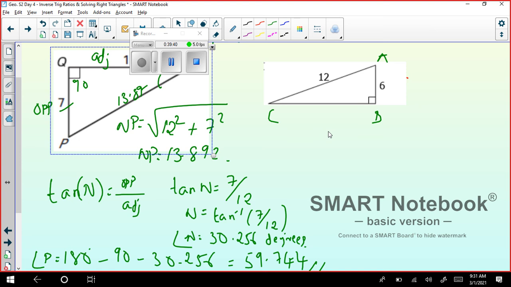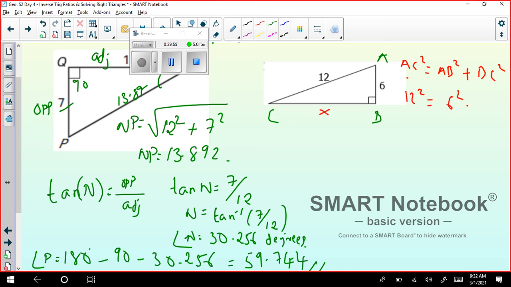So once again I have here AC square equals AB square plus BC square. Let me call this value X. I substituted this formula. AC was 12, so 12 square equals 6 square plus X square. Subtracting 6 square on both sides, I get 12 square minus 6 square equals X square.